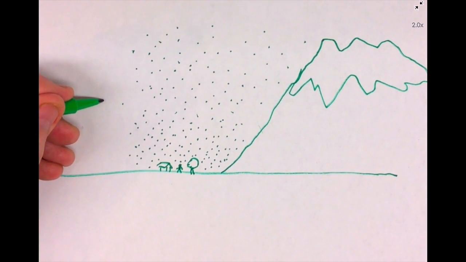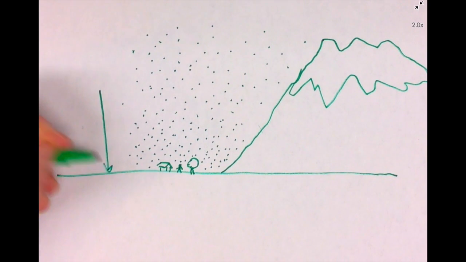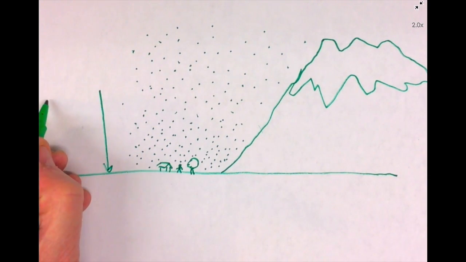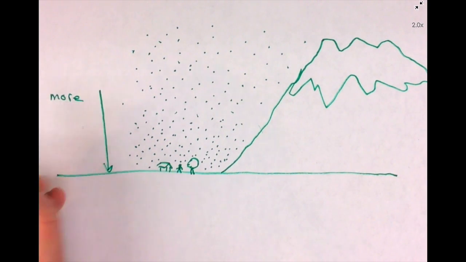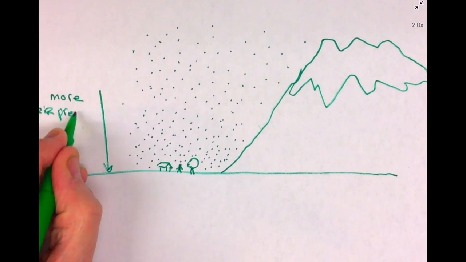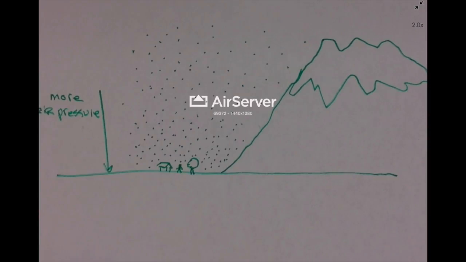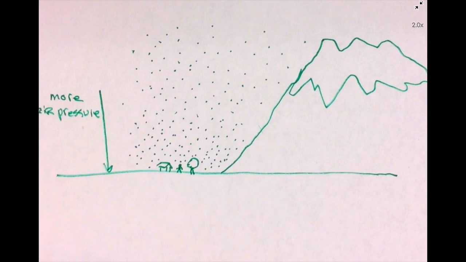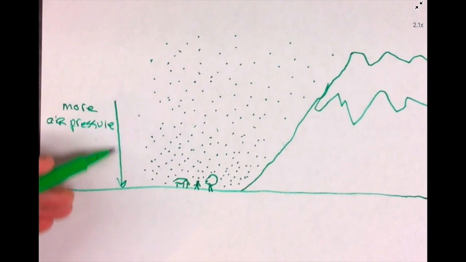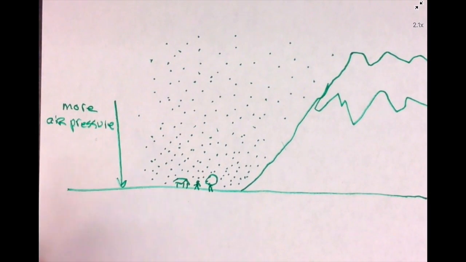So what we're going to draw then is a little scale here. As you go down in altitude, what happens is you have more air pressure and higher density of the air. More air pressure. And then it's a higher density of the air. So here we have more air pressure the further down you go, and the higher the density.